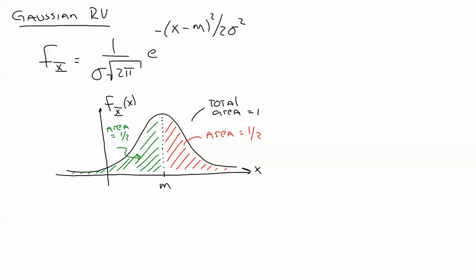So it's safe to say that my little m is the mean value or expected value of x if x is a Gaussian random variable. So we've kind of talked it through here. Let's actually prove that. Let's calculate the mean of a Gaussian random variable and prove rigorously that the mean value is actually little m.